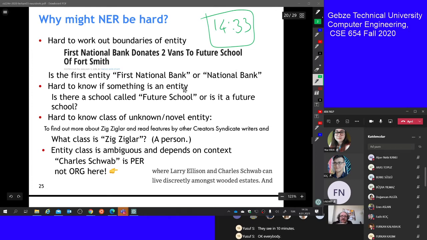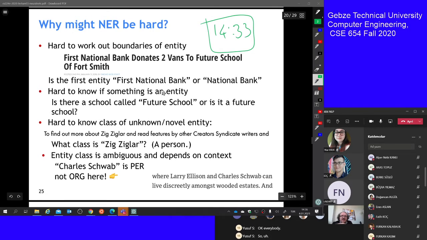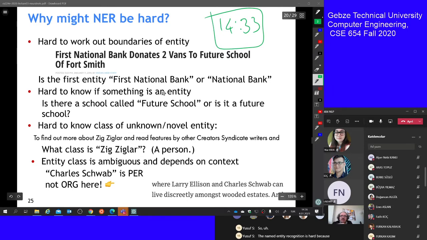So named entity recognition is hard because we don't know the boundary of the words. For example, is First National Bank the organization name, or is National Bank the organization name? We don't know. First National Bank donates vans to Future School of Fort Smith.